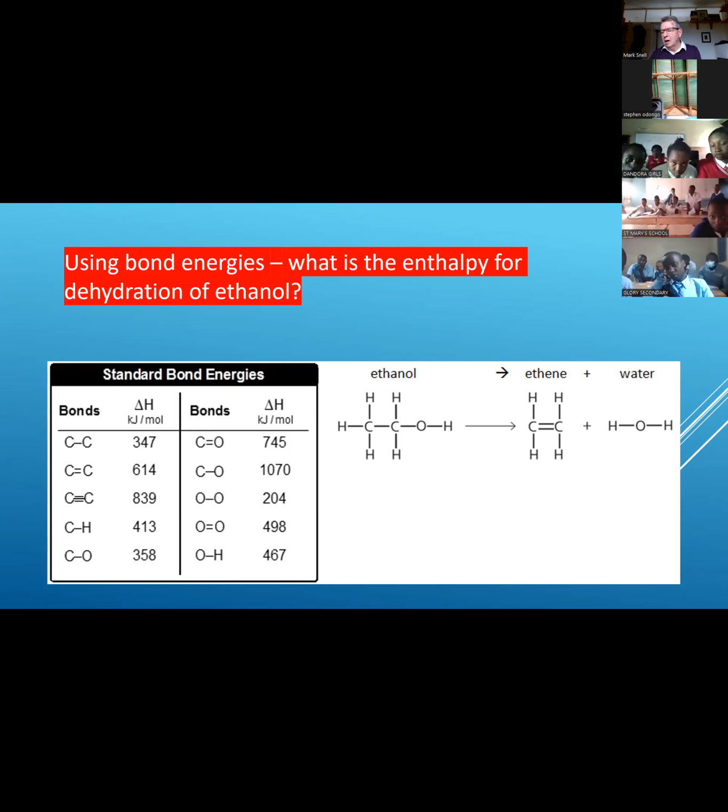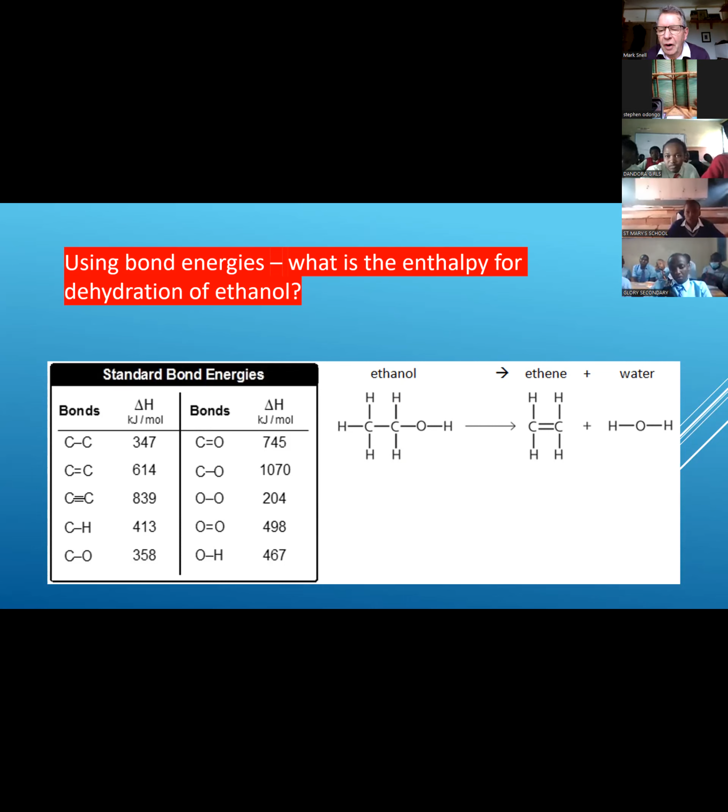We were given a group of bond energies, and here they are on the left-hand side. You have to be able to work out how many bonds you're going to break and how many you're going to make. I gave you a simple way of remembering which are endothermic and which are exothermic: Bendo, Mexo.